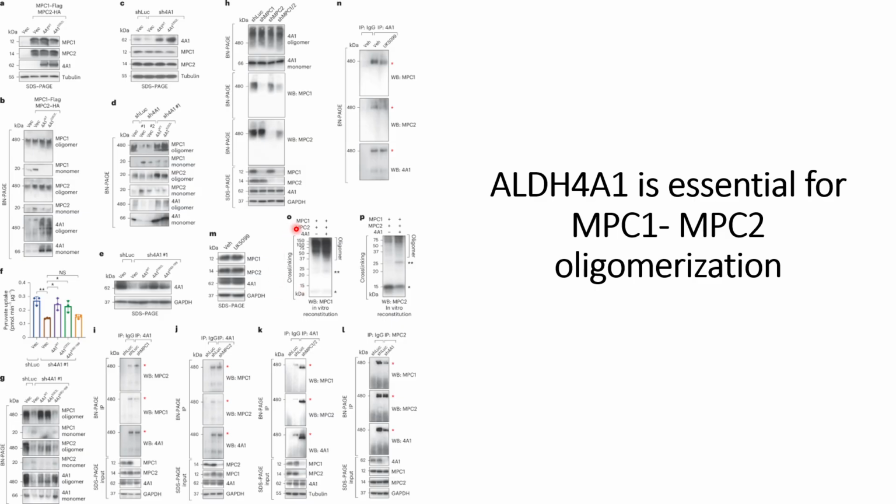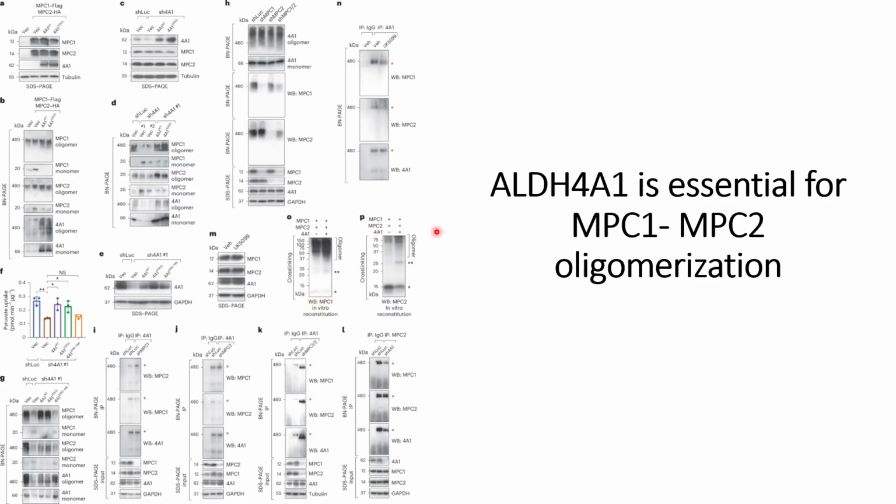But when they used cross-linking, they are able to see the oligomer formations and also slight monomer formations for MPC1, and similar results for MPC2 also, that MPC2 formations are there whether ALDH4A1 is present or not. That can be seen here, though the MPC1 signals are very faint.